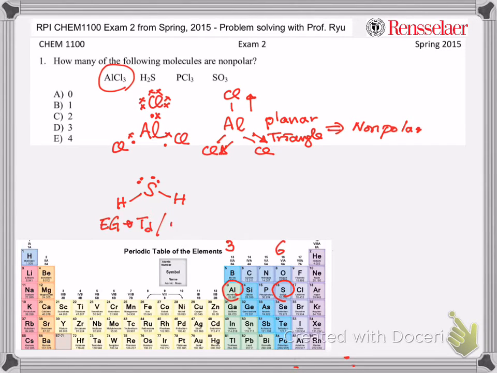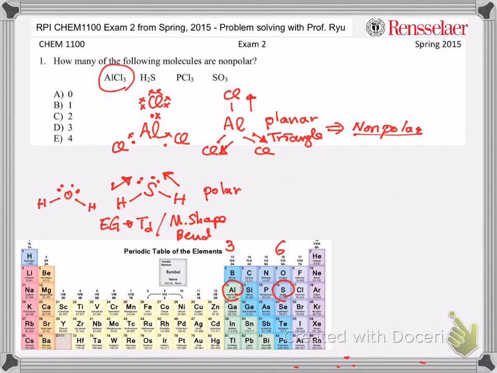However, molecular shape wise, it is a bent structure, very similar to the water structure. The electrons are being pulled one way, so this is a polar molecule. That's the second example, so it cannot be the answer.